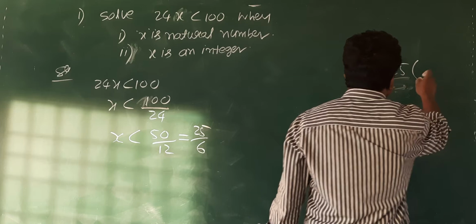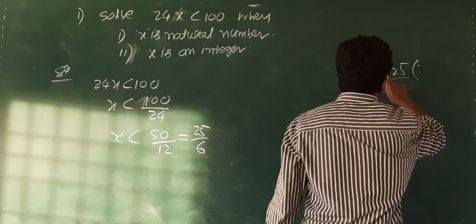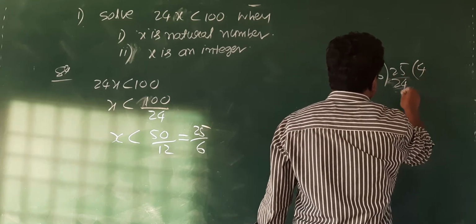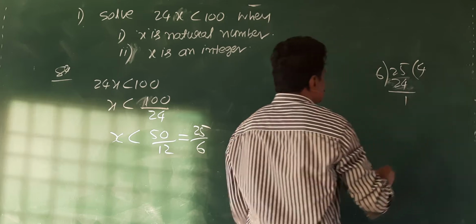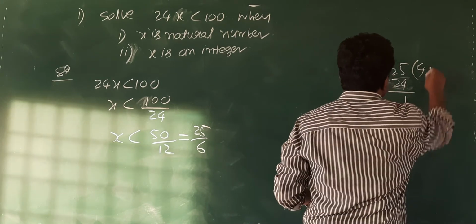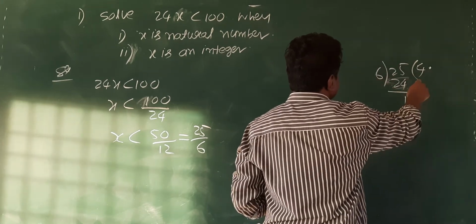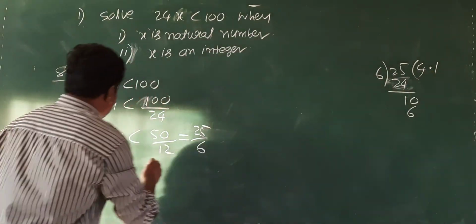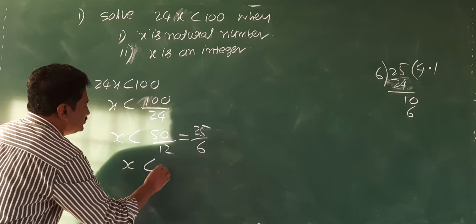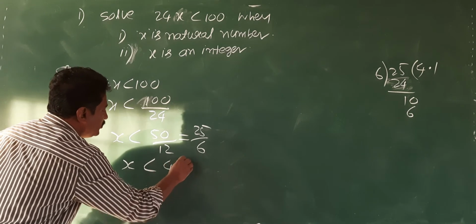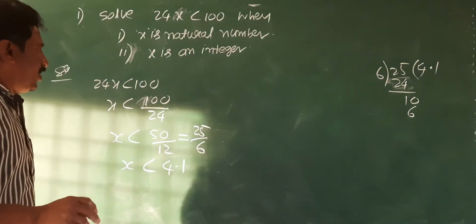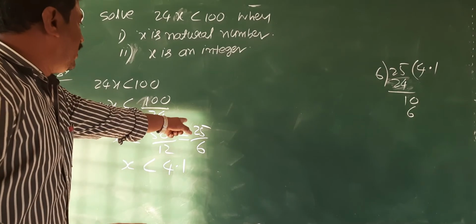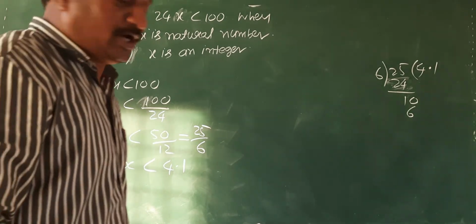So 25 by 6, 6 4s are 24, 6 1s are 6. I think it is all x values less than 4.1, right?